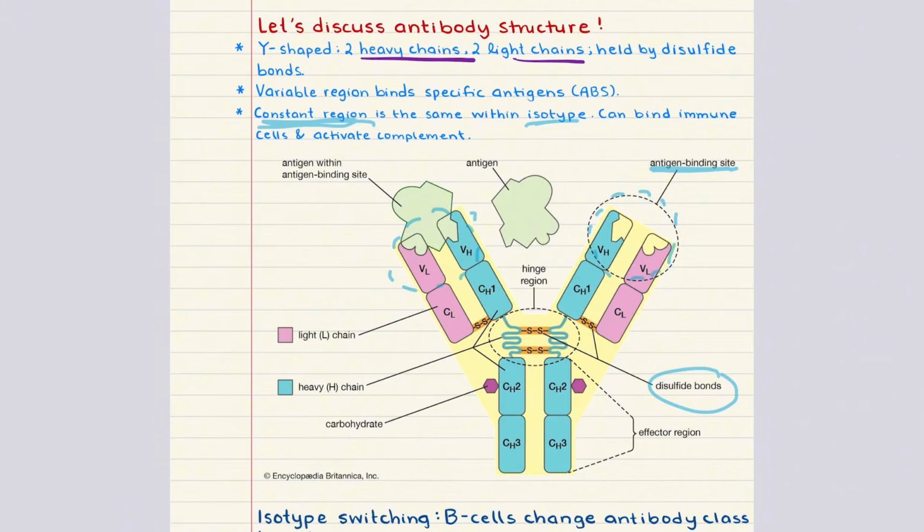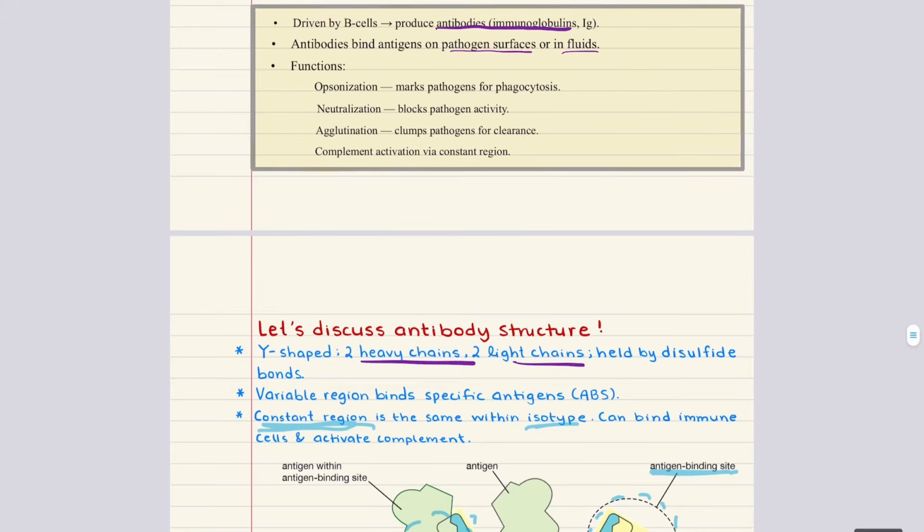Antibodies can neutralize pathogens directly, meaning they block the parts of the pathogen that it would use to enter host cells. They can opsonize pathogens, which means marking them for destruction by phagocytes, or they can cause agglutination, which is the clumping together of pathogens to make them easier to clear.